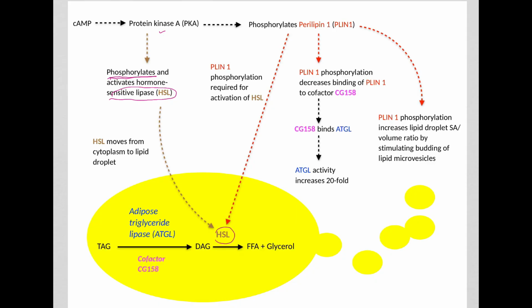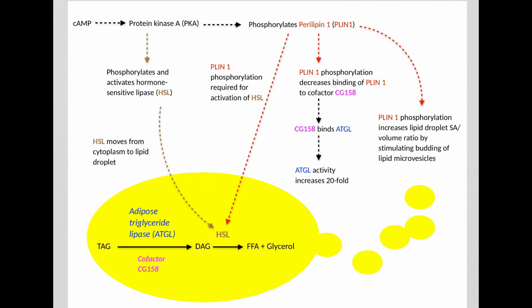This is the enzyme that will break down the diacylglycerol into fatty acids and glycerol, thereby increasing triglyceride breakdown, or lipolysis. When HSL is phosphorylated, it will move from the cytoplasm and be transported to the lipid droplet, and once it's on the lipid droplet, it will start breaking down diacylglycerol, which came from triglycerides, into fatty acids and glycerol.